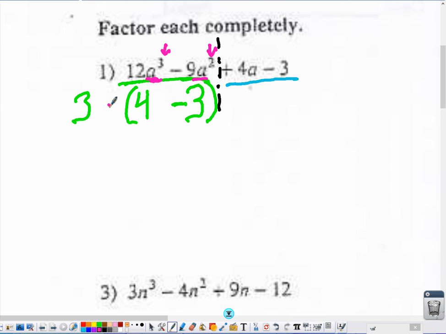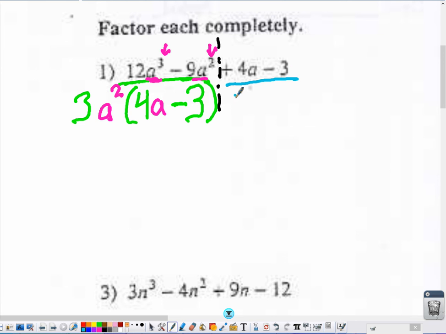So I'm going to factor out 2 A's, or I should say an A squared, which means if I remove 2 A's, I have 1 A left here, and I have no A's left over here. For the other one, I'm going to do the same thing, except I don't see anything in common for the 4 and the 3, and this 3 doesn't have an A.